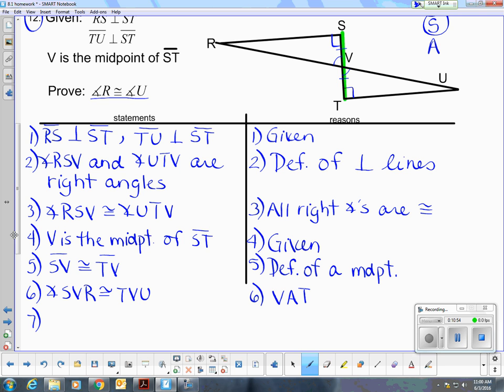All right, so now I have my last pair of congruent angles.